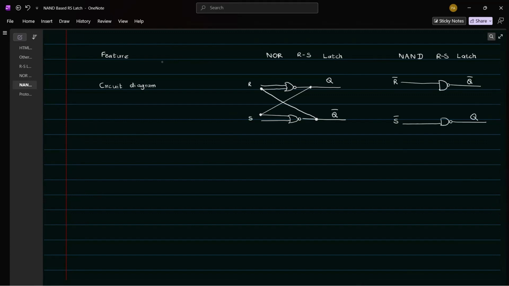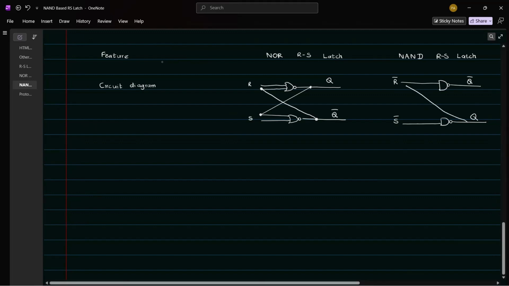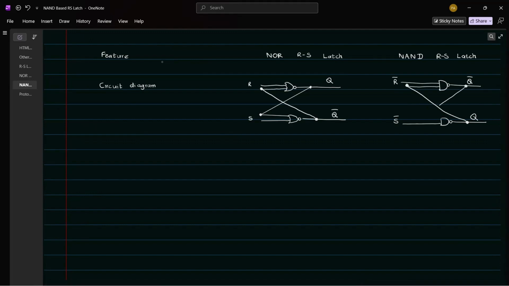Here you will have Q, and Q will be sent through along with R bar. From here you will send it through here, and similarly Q bar will be sent through this. That's the important one.